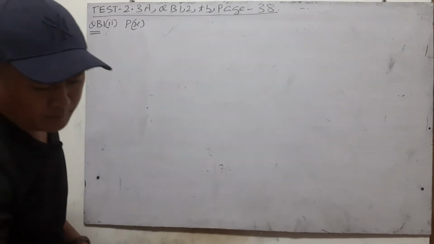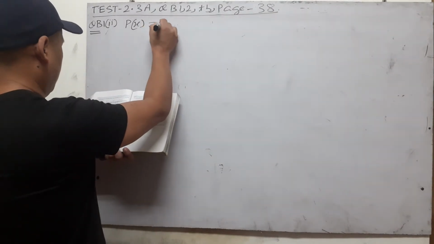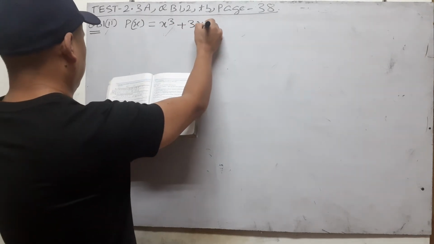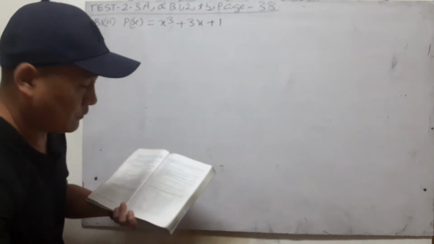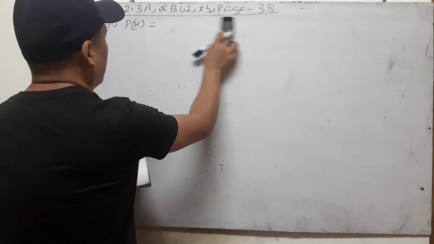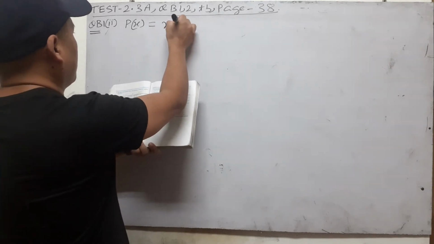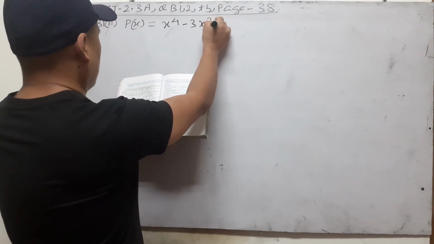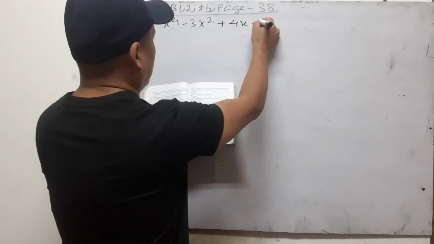P of x in number 2 is, write down, x to the power 4 minus 3x square plus 4x plus 5.